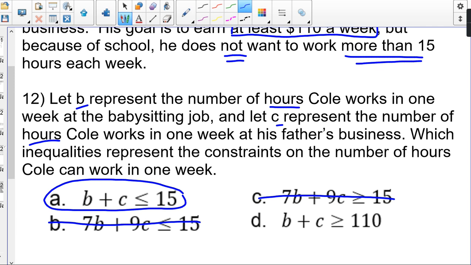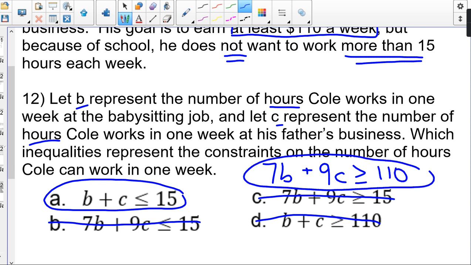Choice D says B plus C, just hours, with the 110, the money total. That doesn't make sense either. If we wanted to write a second inequality for this, we would say the $7 times the hours he babysits plus the $9 rate per hour times the number of hours doing clerical work has to be greater than or equal to $110. So that would be the second correct inequality if you were asked to look for both correct inequalities for this scenario.